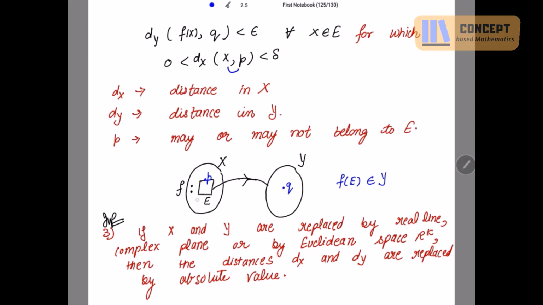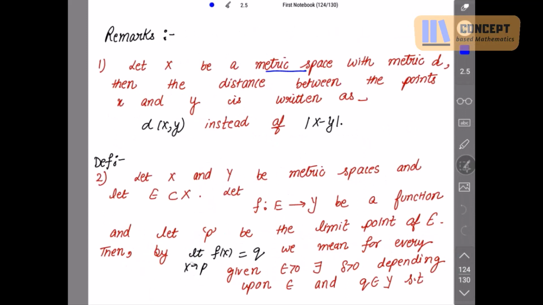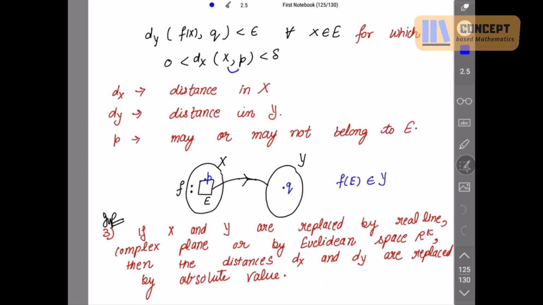So what we are having is a mapping from this E to Y. And for that mapping, let limit x tends to p, f(x) equal to q, which means for epsilon positive there exists delta positive depending upon this epsilon, and q belongs to Y such that distances in Y is less than epsilon for all x belonging to E, for which distances in X is less than delta.